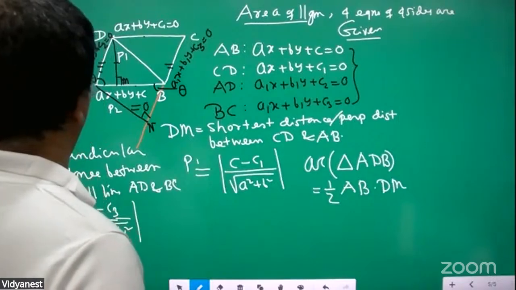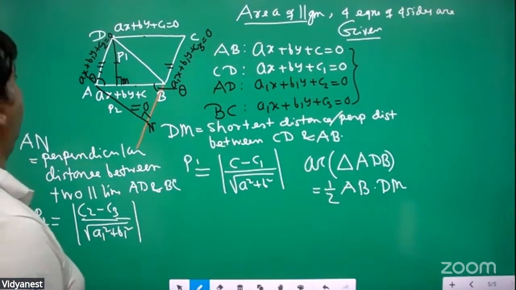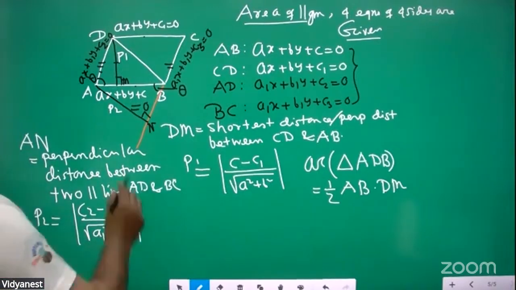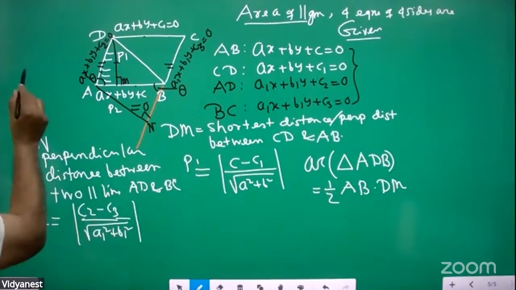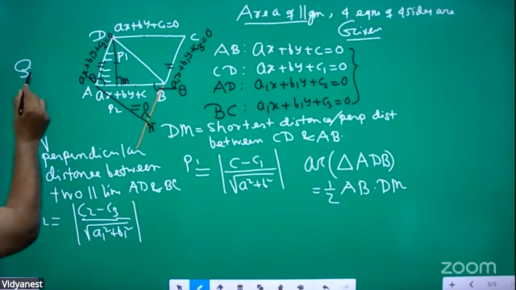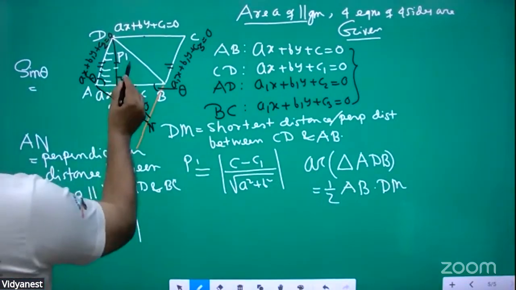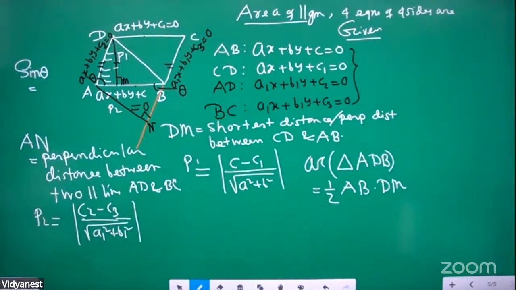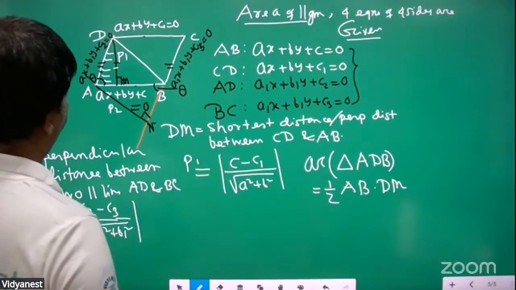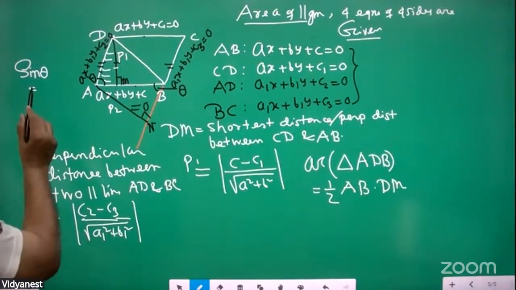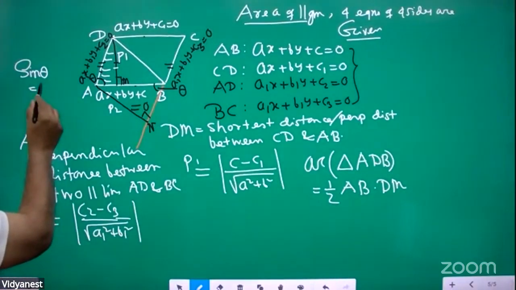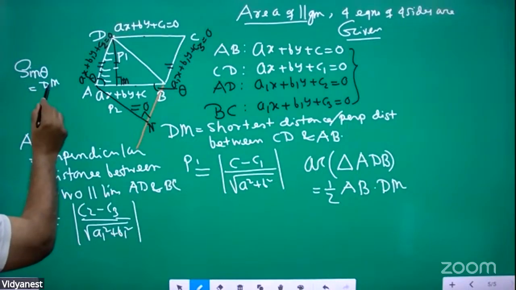Now, if I consider this triangle, here you observe, sin theta is what? Perpendicular by hypotenuse, DM by AB.